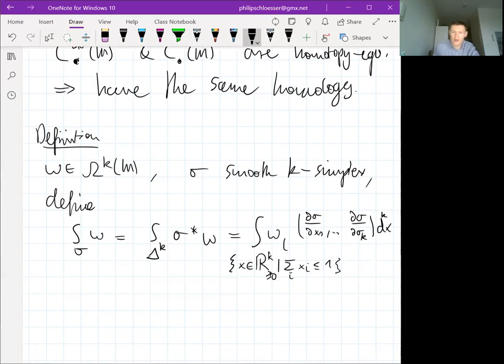And well, we take omega at the point, now we have to do some weird coordinate transformation. I guess not that weird, but still.